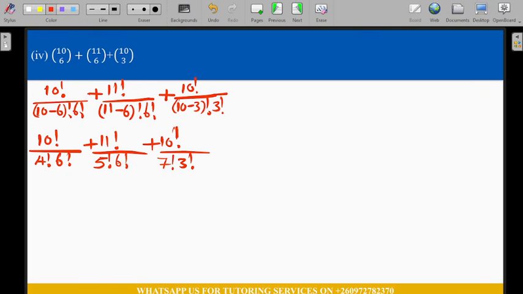Once we reach here, we find the common denominator using the same concept. We start looking at the first numbers 4, 5, 7. The bigger number is 7 factorial. For the last numbers we have 6, 6 and 3, so 6 becomes the common denominator.